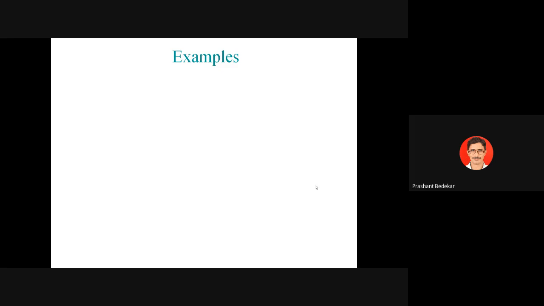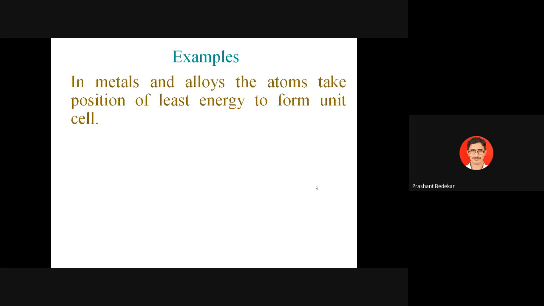Let's see a few examples from nature. In metals and alloys, the atoms take the position of least energy to form a unit cell. We do not have to do anything for that. Automatically, the atoms of metals and alloys try to take the position of least energy to form a unit cell.